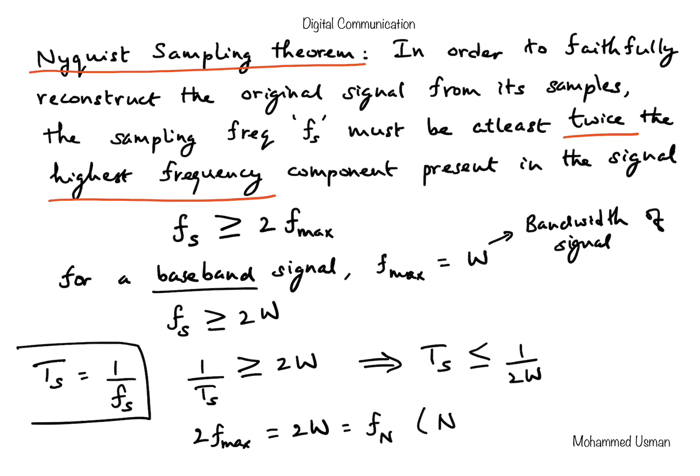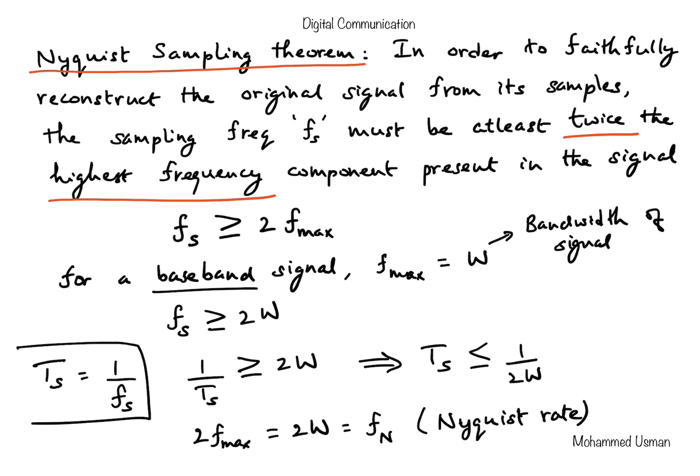So Fn is nothing but the Nyquist sampling rate, or simply the Nyquist rate. So if the sampling frequency is exactly equal to the threshold of 2f max, then it is called the Nyquist sampling rate.